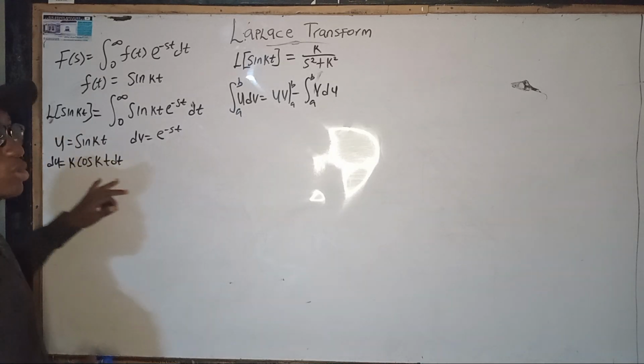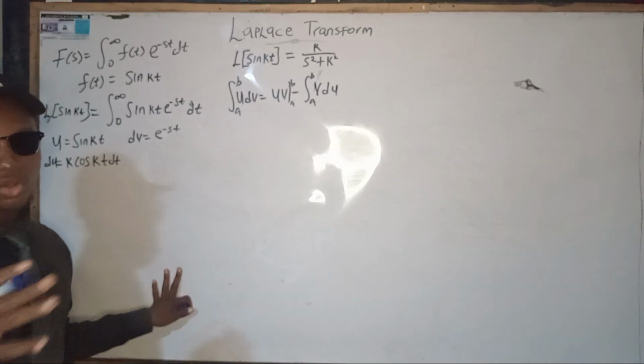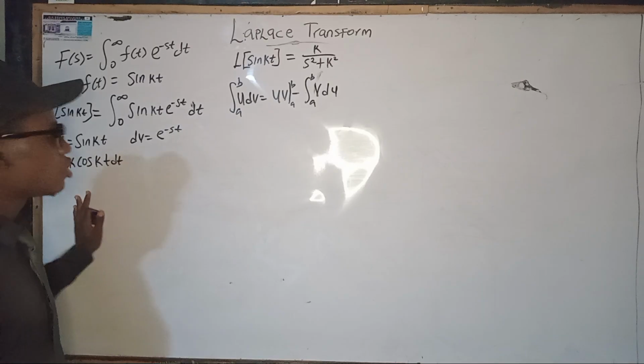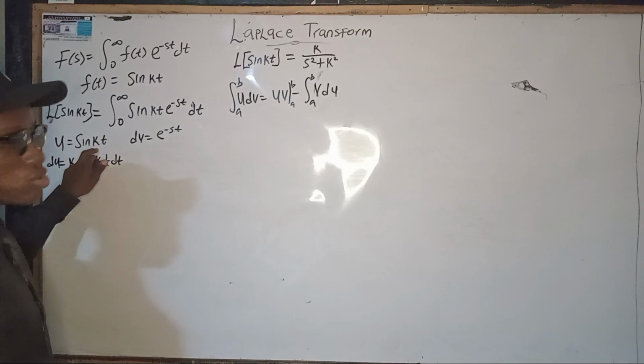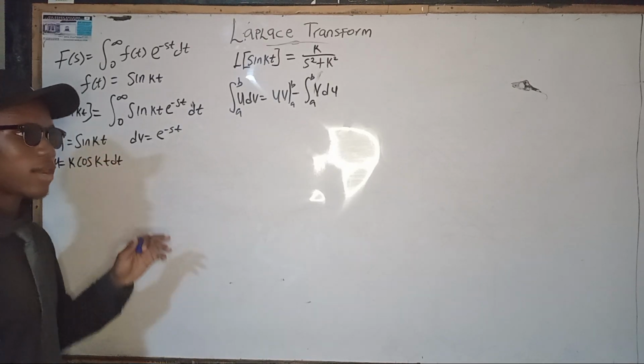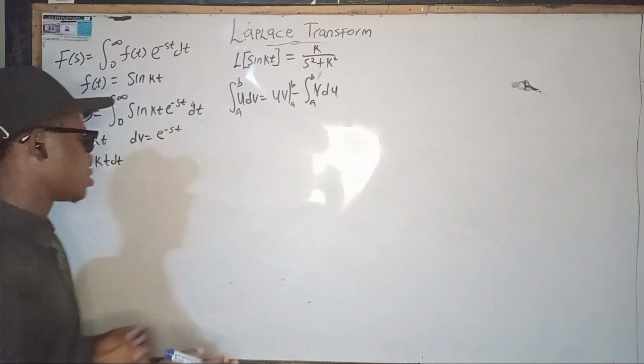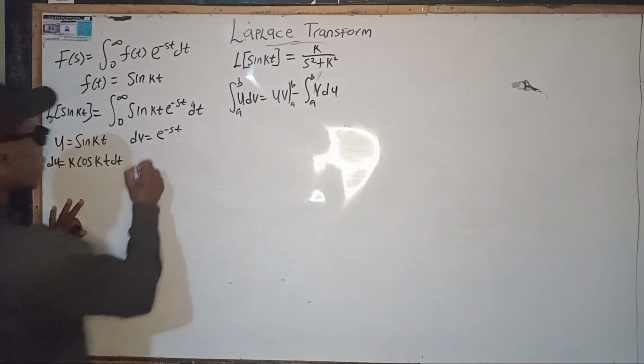I did not have time to go through this because we have a long time ahead of us. I did it through the chain rule: dy/dx equals dy/du times du/dx. As easy as that.